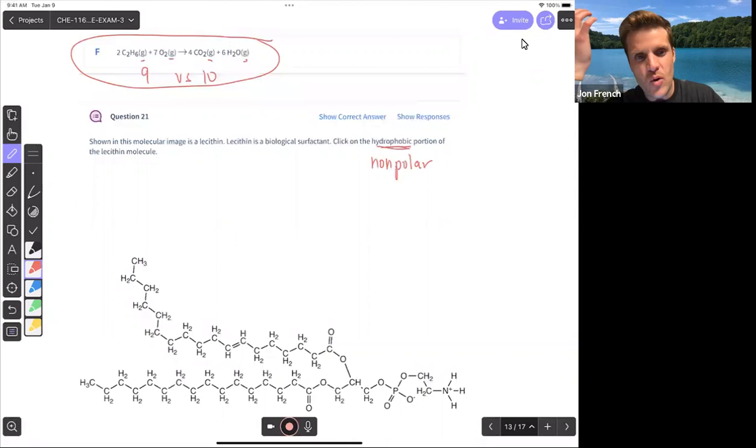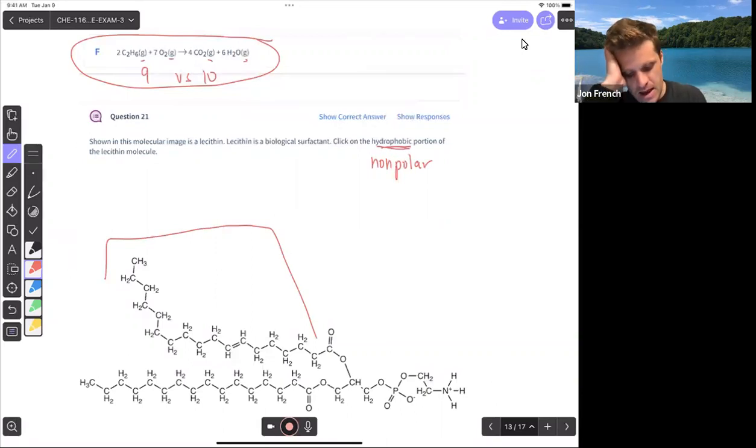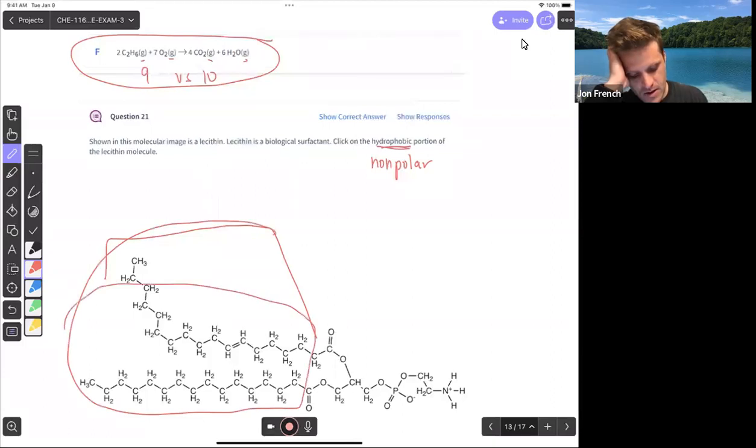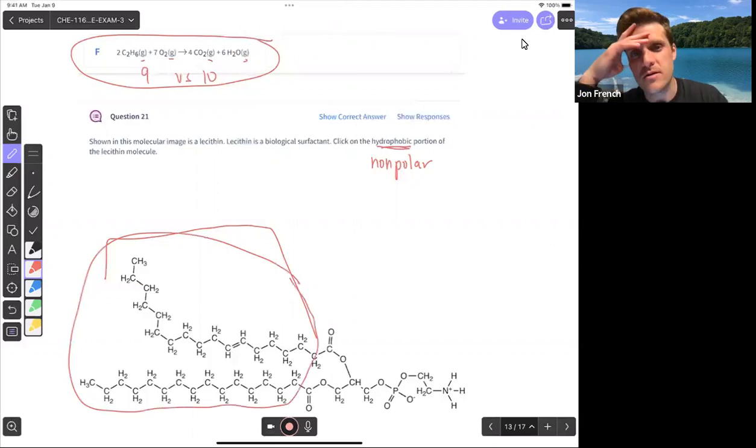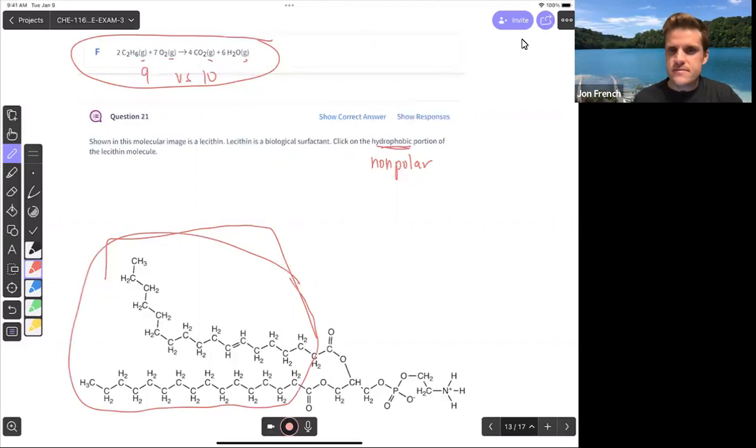And our classic example of a non-polar region is carbon and hydrogen. So anywhere in this region is the non-polar part of this molecule. And yeah, Karine, on the real exam, there will only be one correct answer.